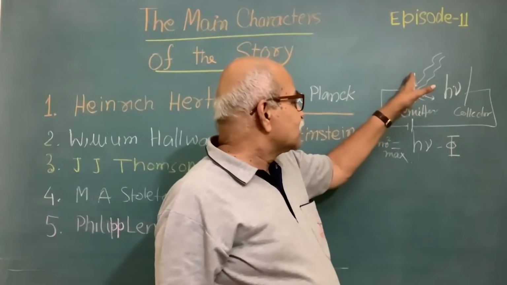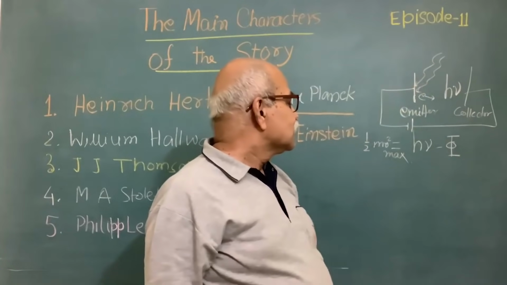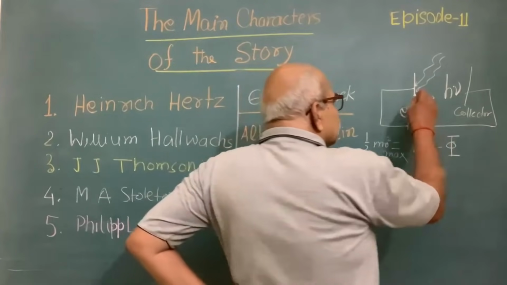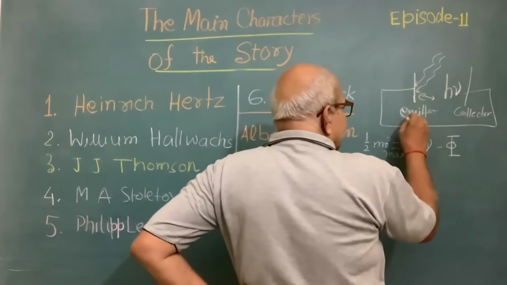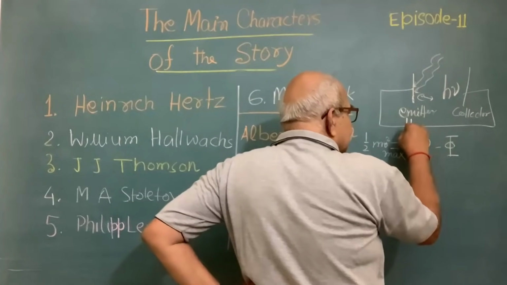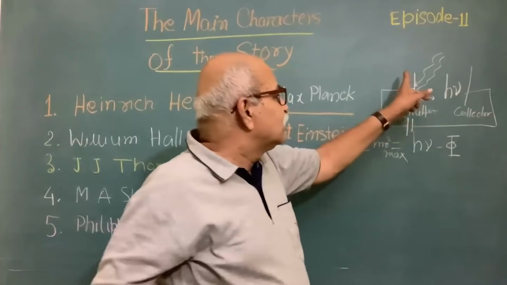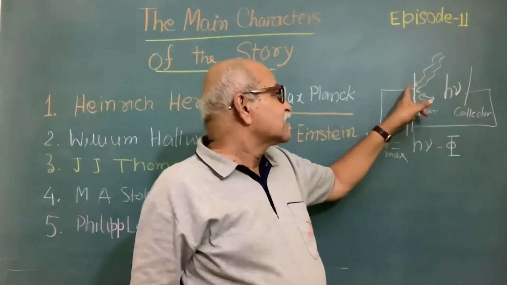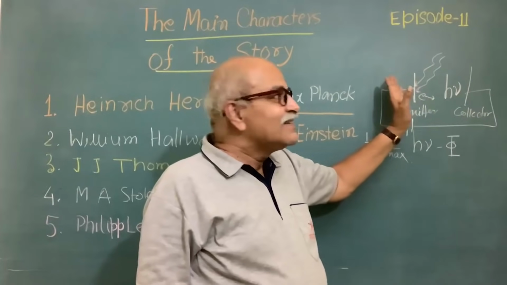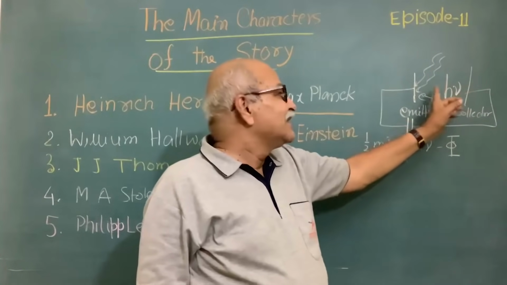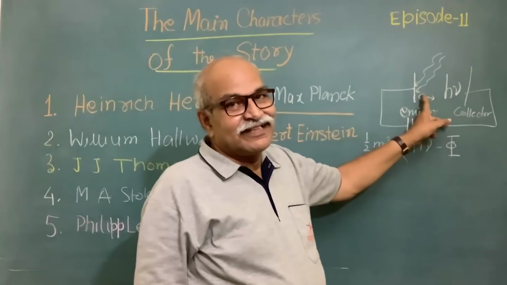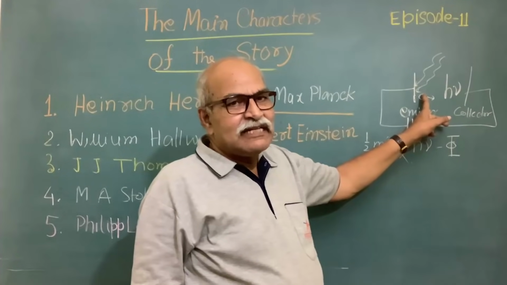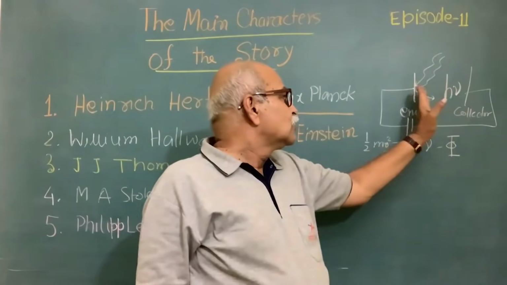This can be made positive, this can be made negative, and if you make this positive, let me make this longer, if you make this positive, this is, let us say, at zero potential, and this is at some positive potential, then the electric field is towards the right, and it will repel this electron. It will apply force on the electron towards the left.